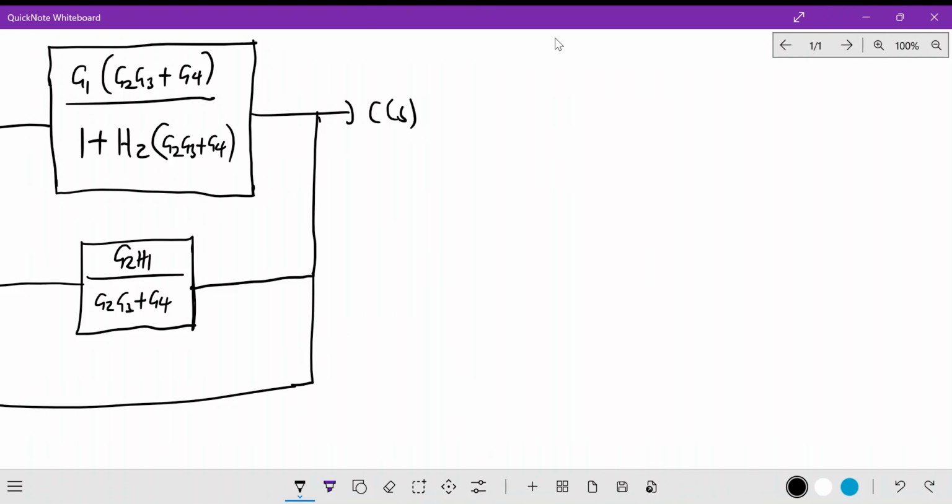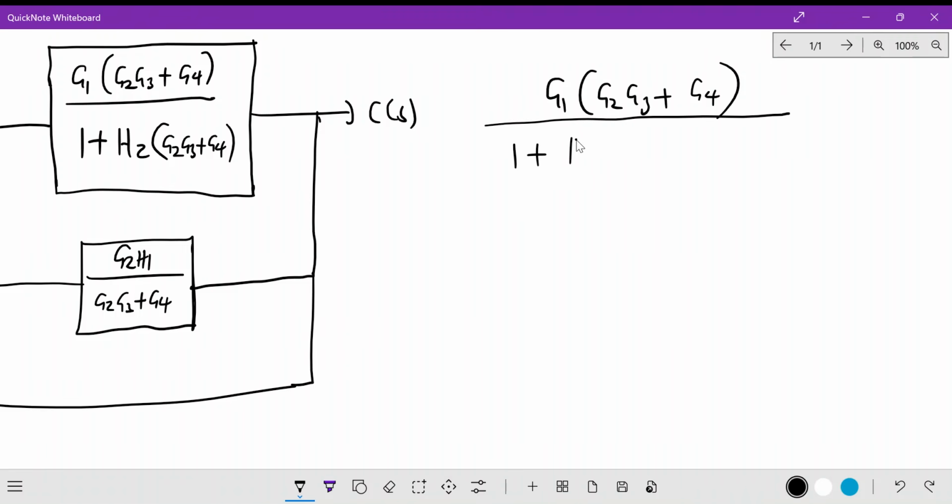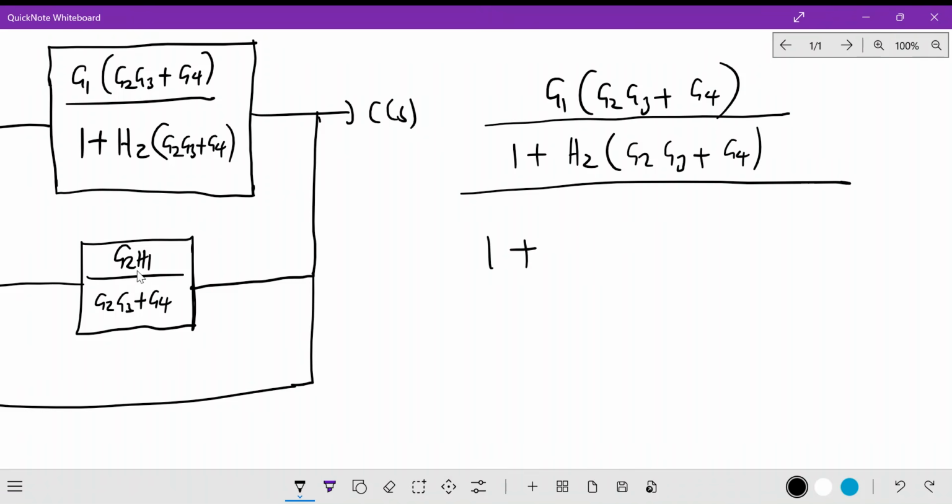So it's G1 times G2 (G3 plus G4), and then divide by 1 plus H2 multiplied by G2 (G3 plus G4), and then this whole thing divided by 1 plus the product of these two, right? Which is G2 H1 over G3 times G2 plus G4.